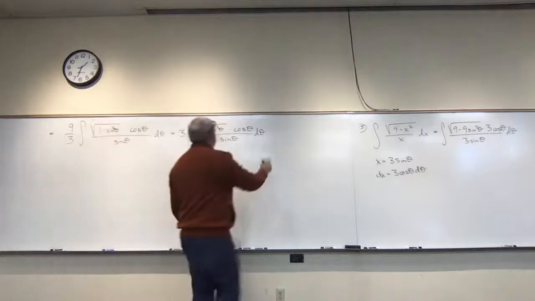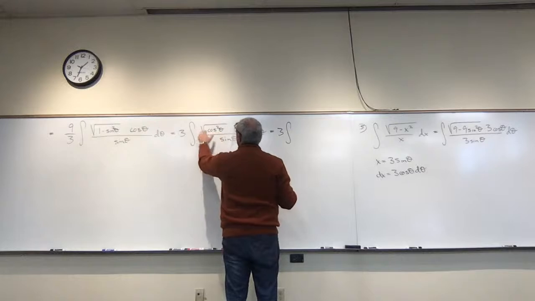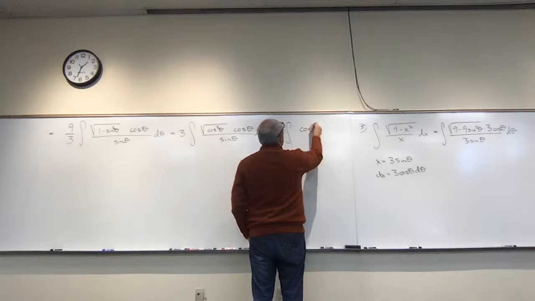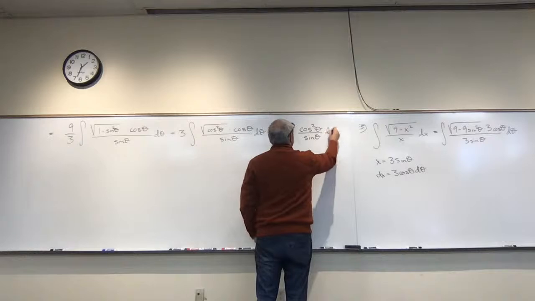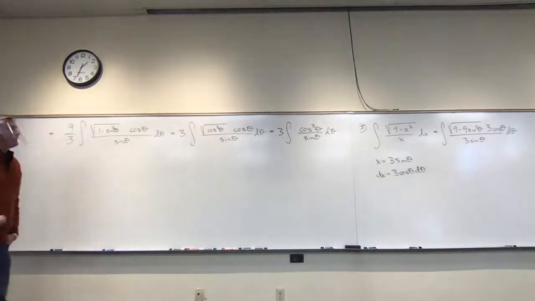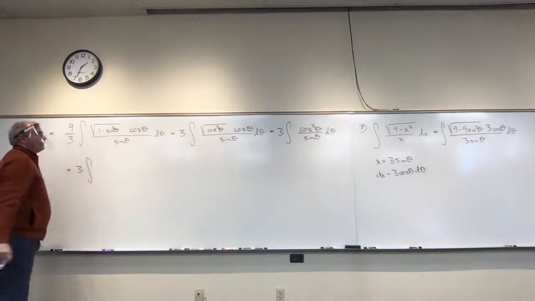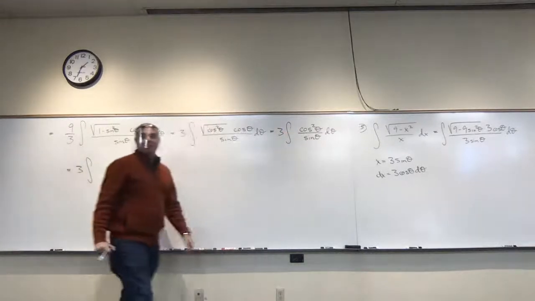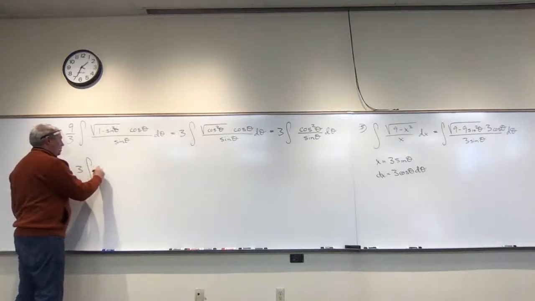Which is 3 times the integral of cosine times cosine, which is cosine squared theta, divided by sine of theta d theta. Okay, and now we have to be a little bit clever here, realizing that cosine divided by sine is what? Cotangent.